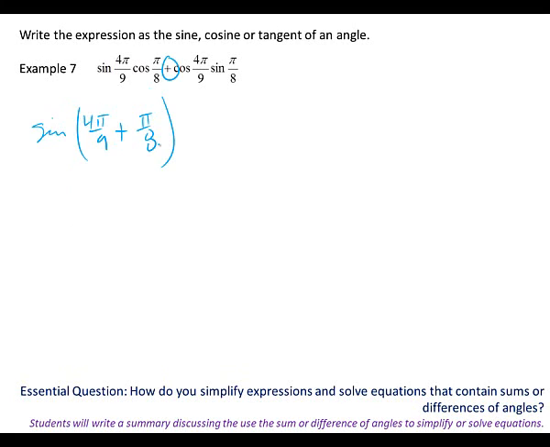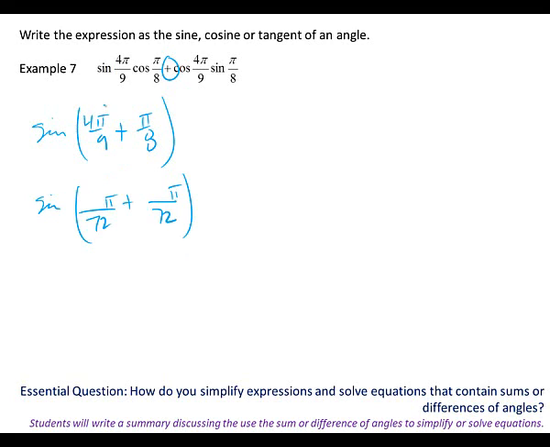Definitely not something that we would read off our unit circle, okay? If I'm going to simplify that, I'm going to have to do fraction work, right? So what's going to be our common denominator here? 72, I like. Good.